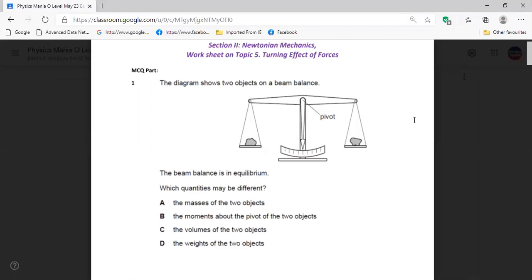And as the two objects are not in two different places, they are in the same place of the earth, we can say their masses are also equal because the gravitational field is the same for them. So masses are equal, moments are equal, and weights are also equal. And now the last one, volume could be different, right? Yeah, volume could be different. So the answer is C.